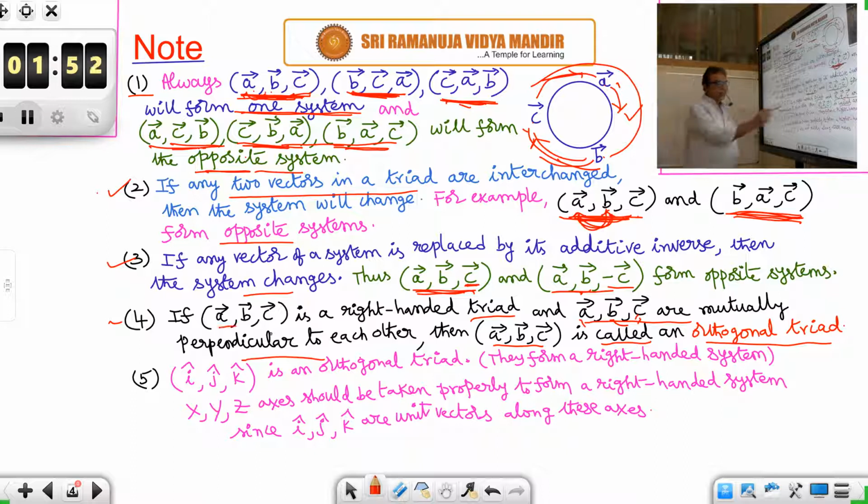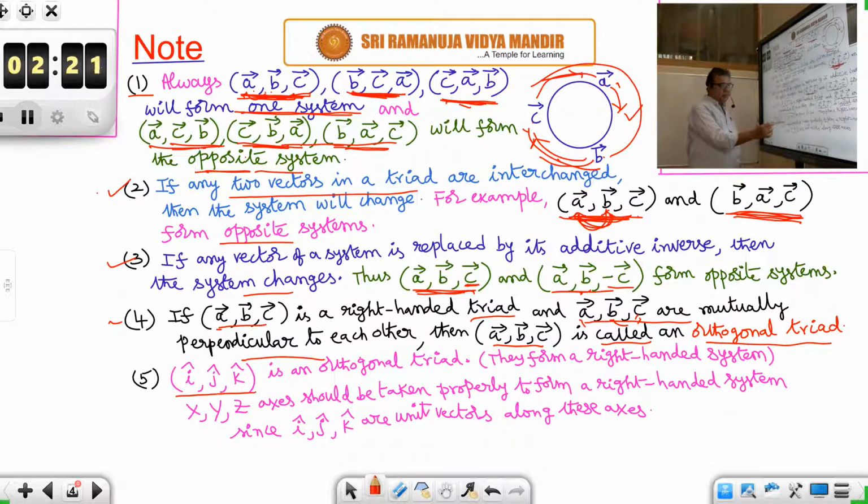They should form a right-handed system and also they must be mutually perpendicular. Then we call A bar, B bar, C bar an orthogonal triad of vectors. Their magnitudes need not be equal. Mod A bar, mod B bar, mod C bar need not be of equal magnitude. Magnitudes can be different, but mutually perpendicular and right-handed system. That is important. Then they form an orthogonal triad.